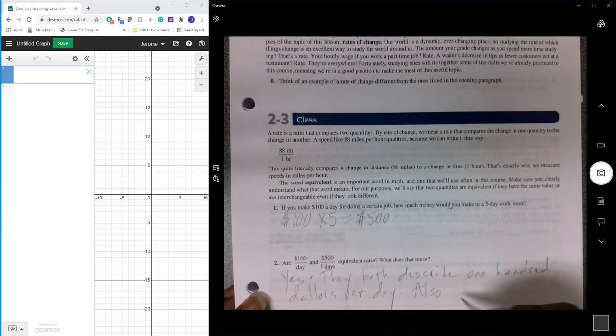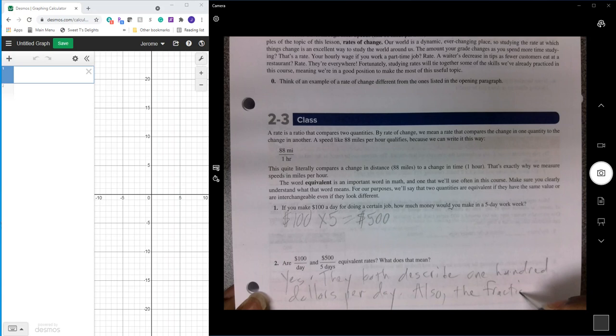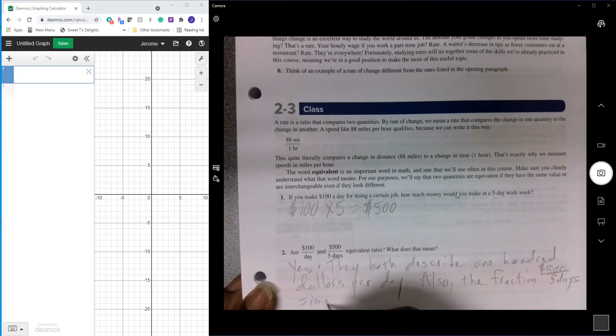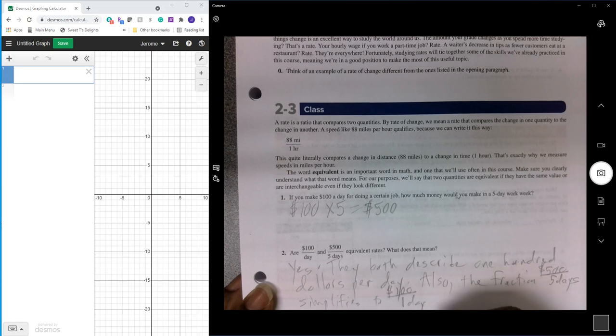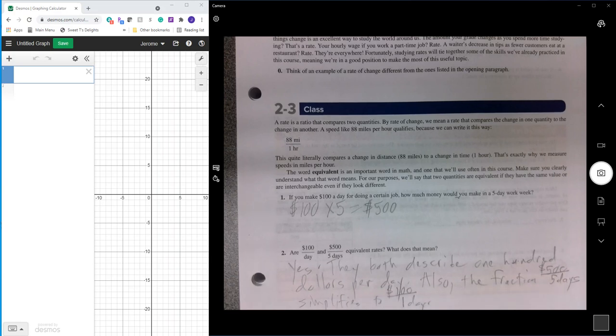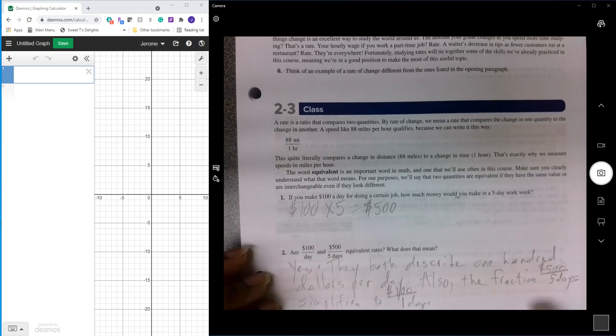Also, the fraction $500 over 5 days simplifies to $100 for every 1 day, which is what we have here for number two.